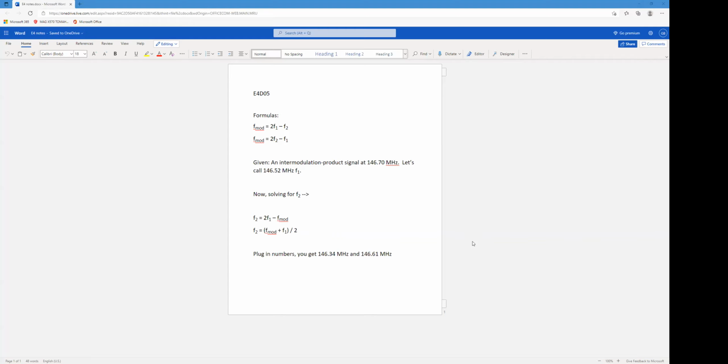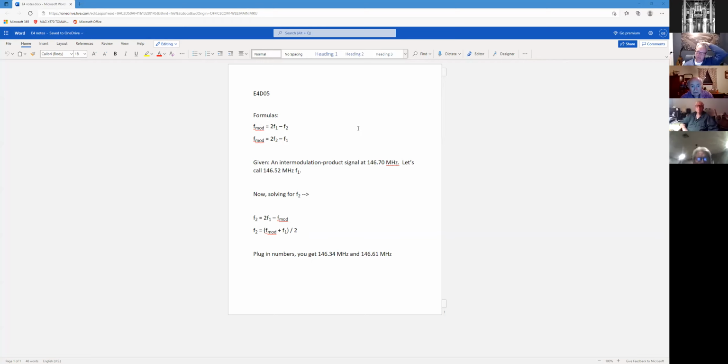Okay. So for the question, there are two different formulas used for the intermodulation product. You've got your two frequencies, and one formula is 2F1 minus F2, the other is 2F2 minus F1.